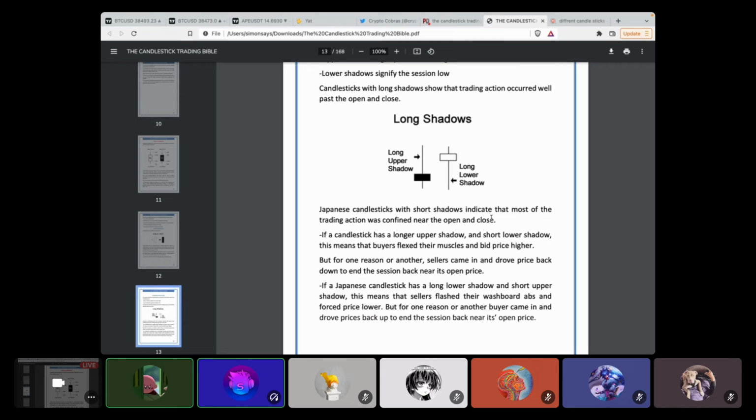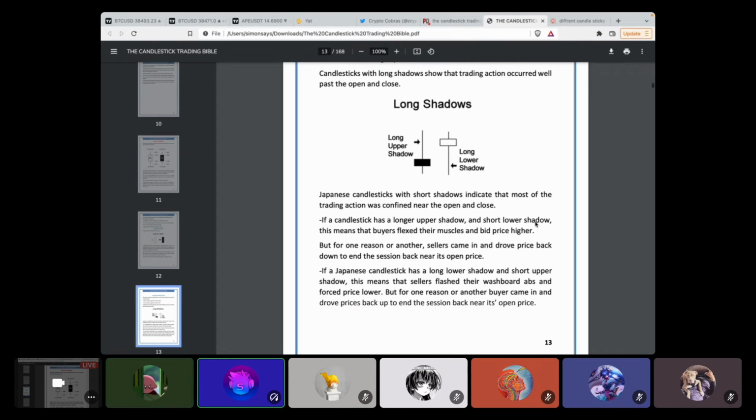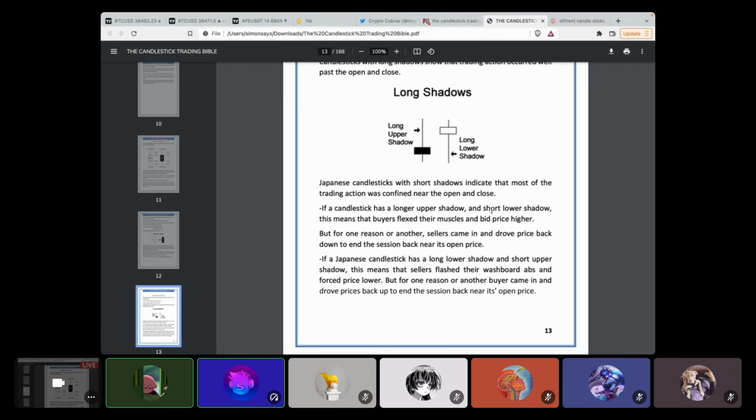Japanese candlesticks with short shadows indicate that most of the trading action was confined near the open and the close. If a candlestick has a longer upper shadow and a short lower shadow, this means that the buyers flexed their muscles and bid price higher, that they actually held the support. But for one reason or another, sellers came in and drove price back down to the end of the session, back near its open price. So it was rejected.